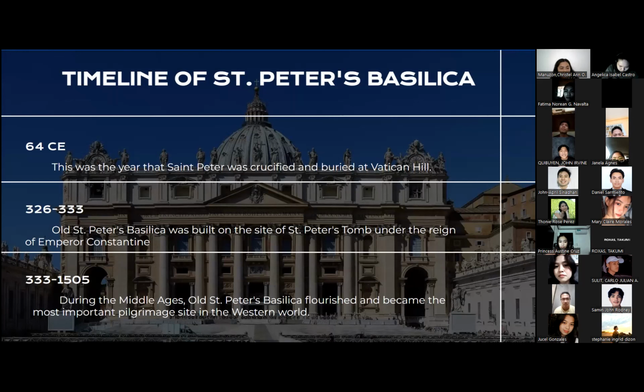Next, 326 to 333, Old St. Peter's Basilica was built on the site of St. Peter's tomb under the reign of Emperor Constantine. 333 to 1505, during the Middle Ages, Old St. Peter's Basilica flourished and became the most important pilgrimage site in the Western world.